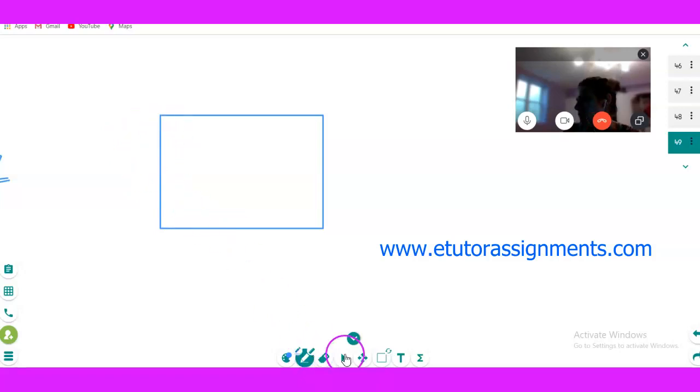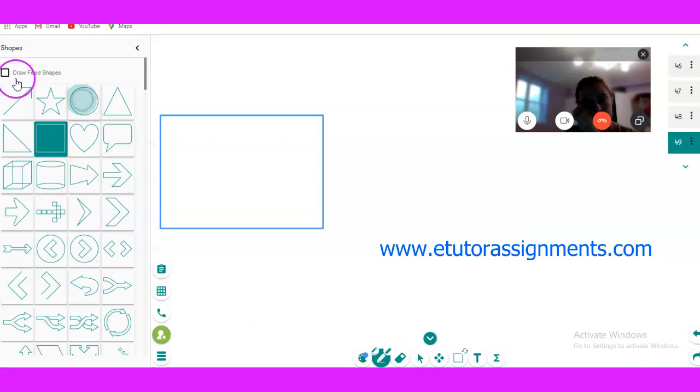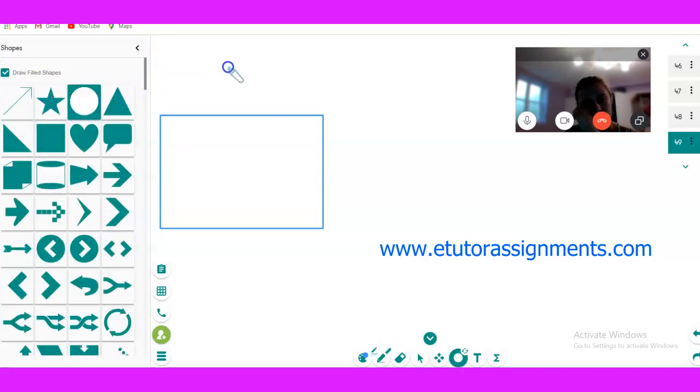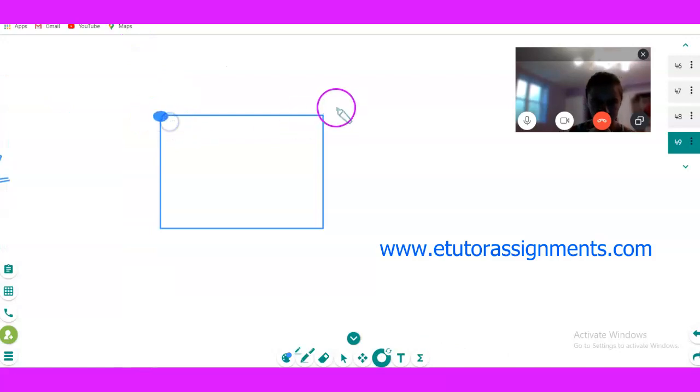Suppose here there are 2-3 charges. This is a square. Square means all sides are a.